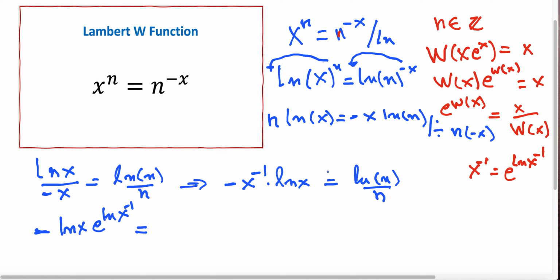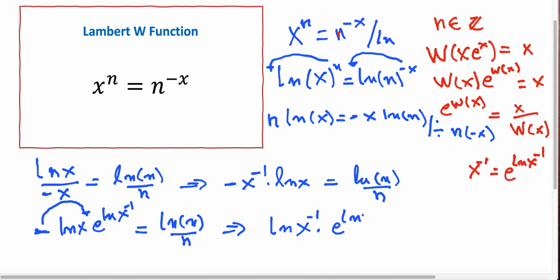But first of all, let me rewrite this equation, and this is equal to ln of n divided by n. And to make this minus, I am going to put it in the power, because here there is an invisible 1. This implies ln of x minus 1 times e to the power ln x minus 1 is equal to ln of n divided by n.